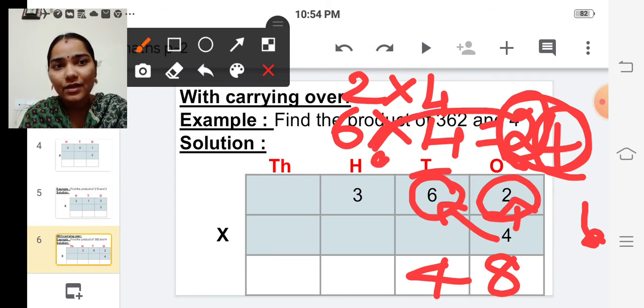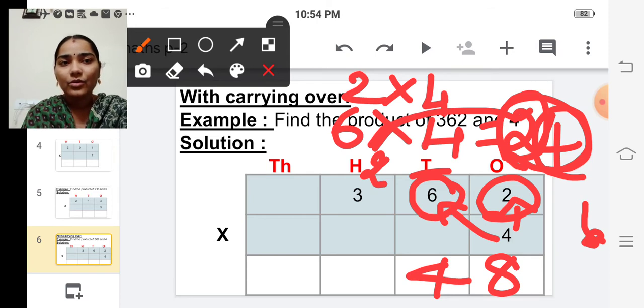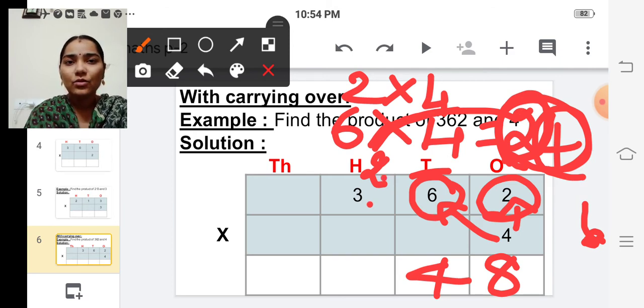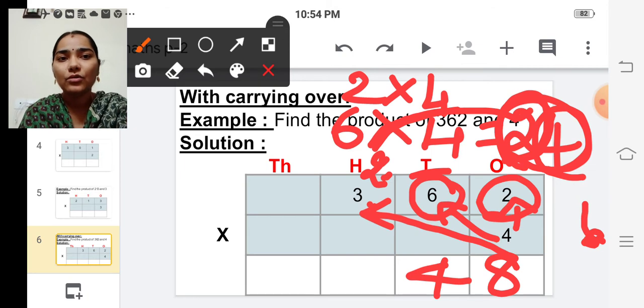So, here we are having 2. We have carried over this 2 to the next place. So, we should not add this 3 and 2. Please remember children, you should not add this 3 and 2. First, you have to multiply 3 by 4. 3 4s are 12, isn't it?